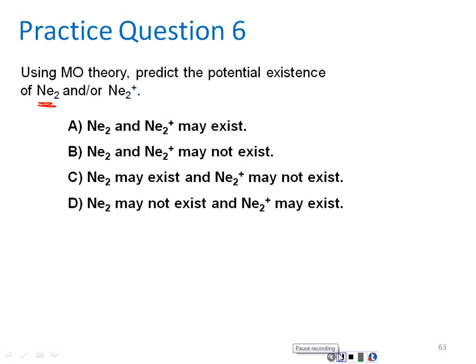Okay, first step, we need to draw out our molecular orbital diagram. So each neon will have one 2s orbital. I'll draw that a little bit higher up. One 2s orbital and 3 2p orbitals.